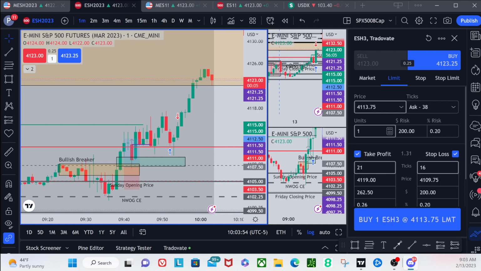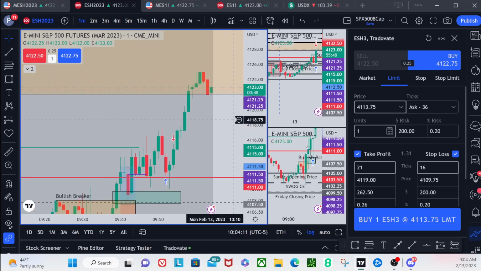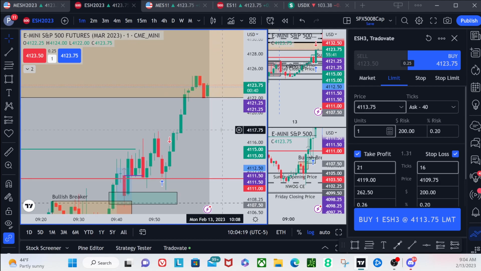So we have a standard deviation of -2 here at 41.26.25, then consequent encroachment, and then we have 4130.50, and then -3 standard deviations at 4134.5, which is outside the spectrum of the February 9th fair value gap. So I'm not really interested in that one because that's, in my opinion, a little overzealous for today. If we can hit consequent encroachment, that's satisfying for me for the morning session.